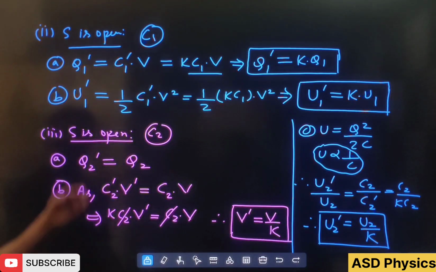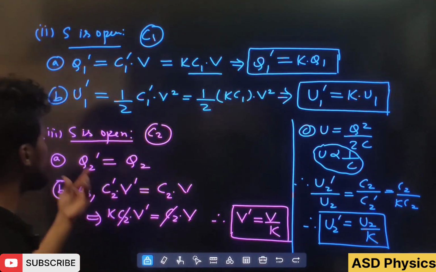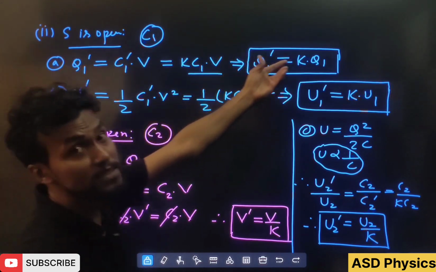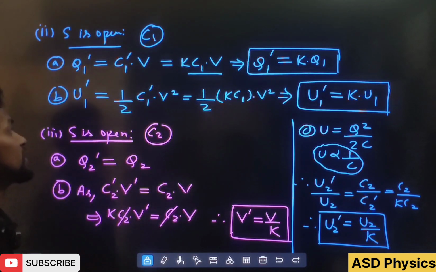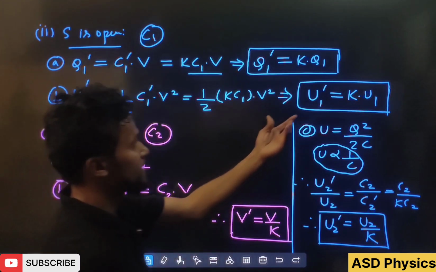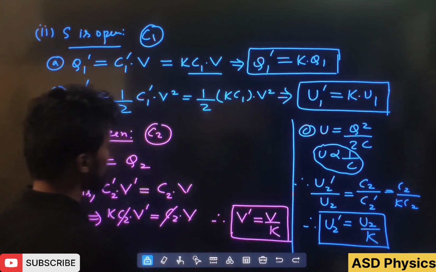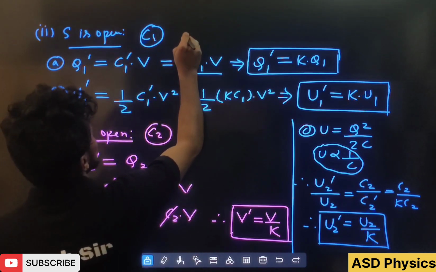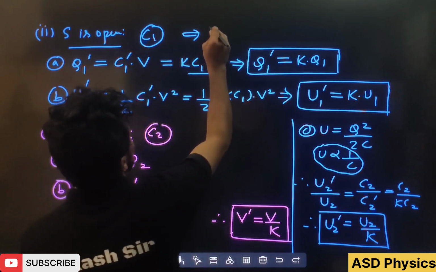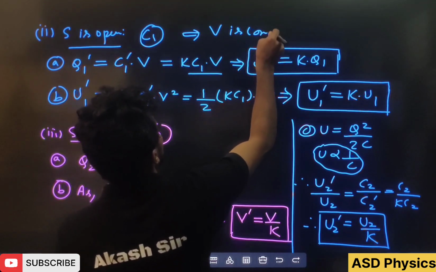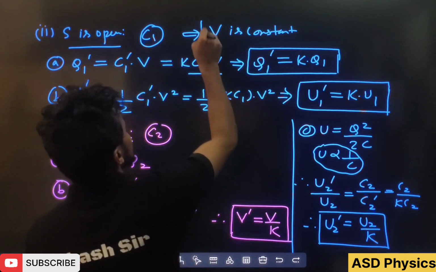Okay, so here you can see Q1 dash equals KQ1. Here Q2 dash equals Q2. Here the battery is connected. Here the battery is disconnected. After that, here potential V dash equals V by K. But in this situation, for C1, this V is constant. Why is V constant, students? Because the battery keeps on being connected.